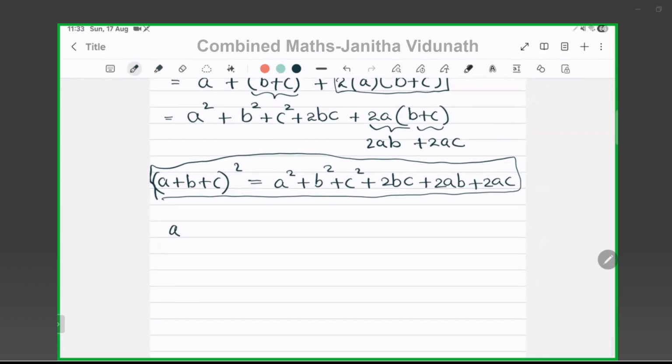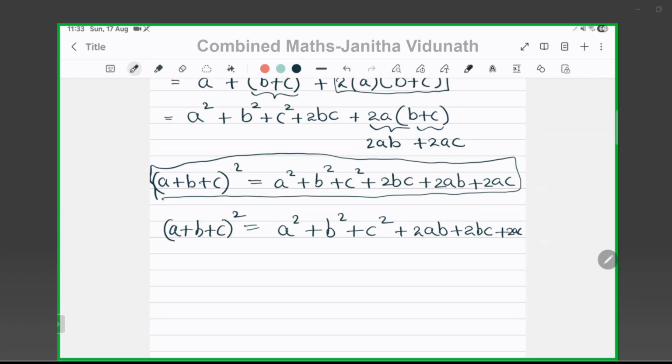Now we have our (a+b+c) expansion as a square plus b square plus c square plus 2ab plus 2bc plus 2ac.